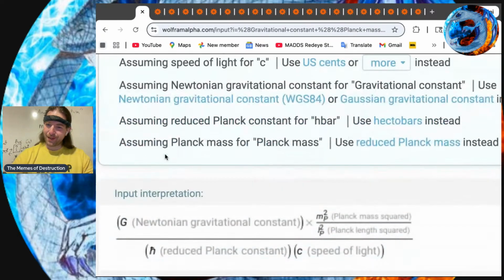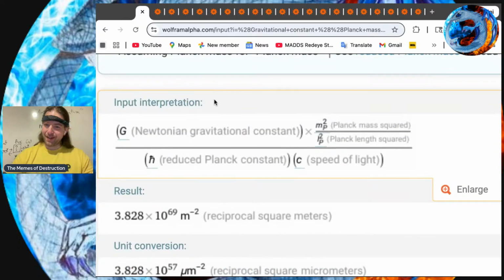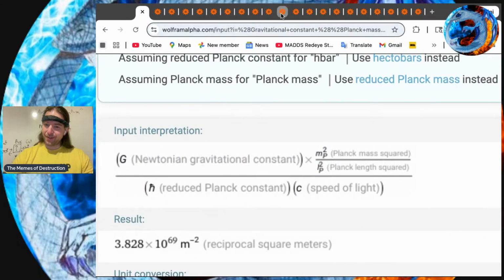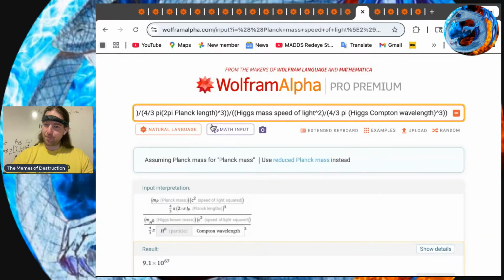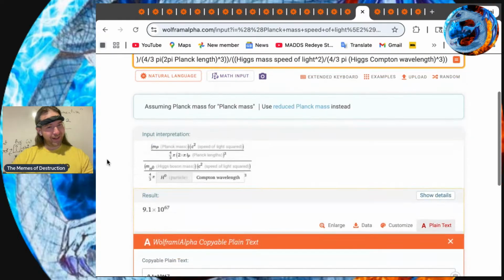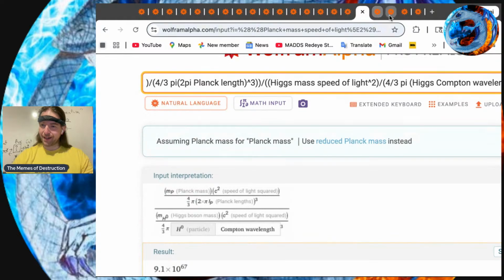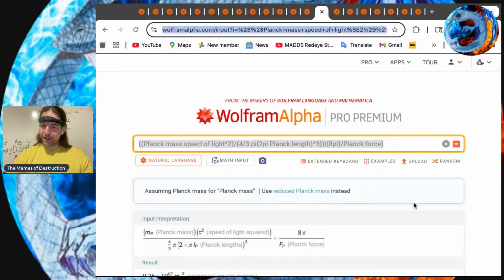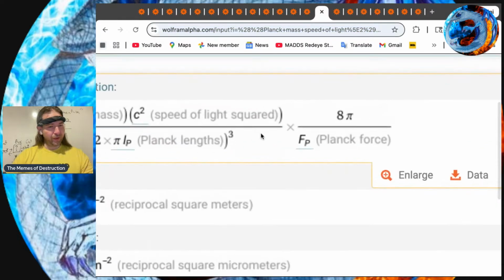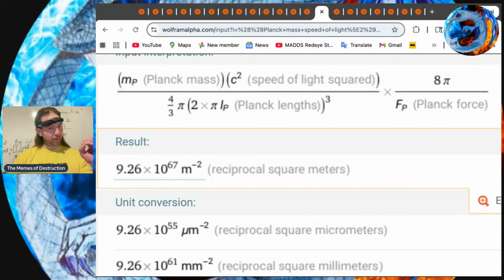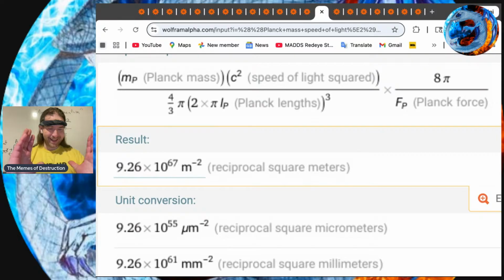What we're talking about here is, if we do the exact same calculation, these are different ways to get at levels of curvature. We're using the Compton wavelength, which by definition is Planck's constant divided by mass times the speed of light.